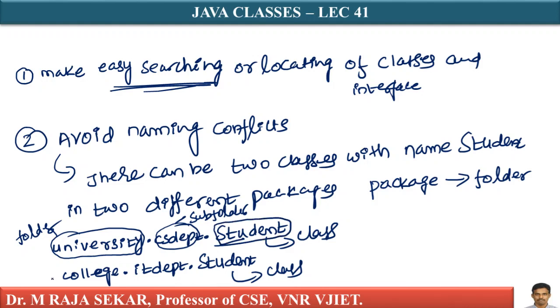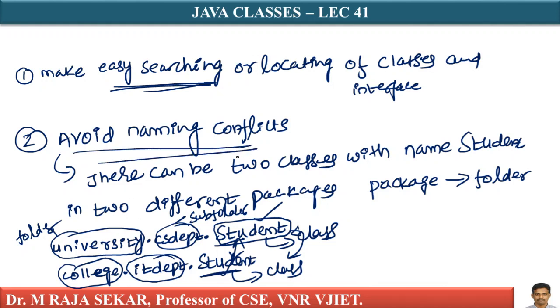Next, I have one more folder, college, in which I am creating another folder, and in that folder I am keeping a class student. Student is a class with the same name. You can keep same-name classes in different packages, as we can keep the same file name in different folders or directories.